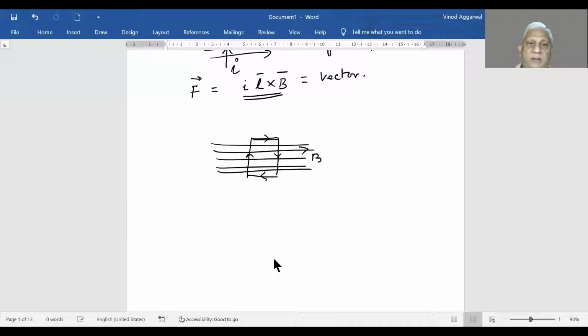Torque meaning one side will try to go this way and the other side will try to go this way. We will study the reason for this torque later on, but just to give you an idea overall, the torque will be given as I A cross B.